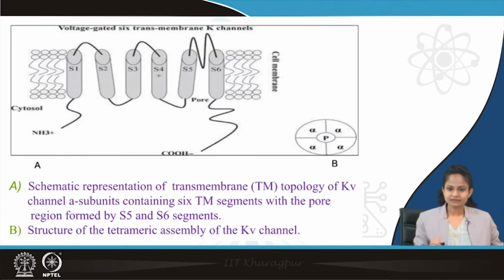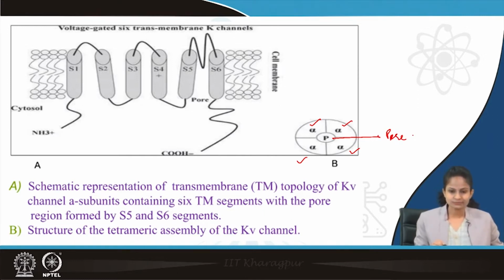So this is a linear schematic representation of a voltage gated potassium channel. Here we can see the 4 alpha subunits making a tetramer, homotetramers, and in between we can see this pore. So in this way the tetramers are formed in a voltage gated potassium channel.